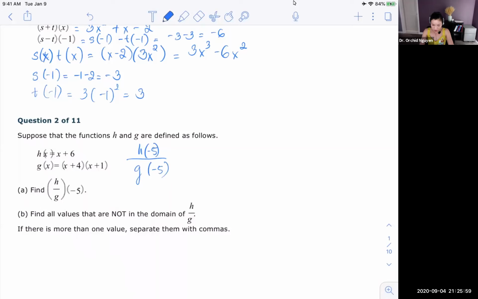That's the only thing I want to remind you. So what I have is -5 plus 6. On the bottom, we have -5 plus 4 times -5 plus 1. So we have 1 on top. On the bottom, I have -1 times -4, which is 4. So the answer is just 1/4.